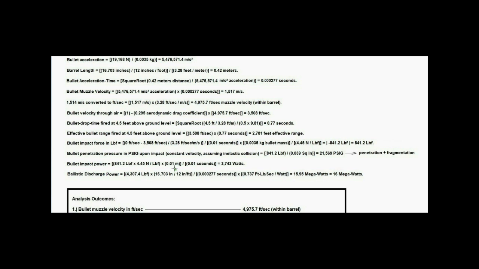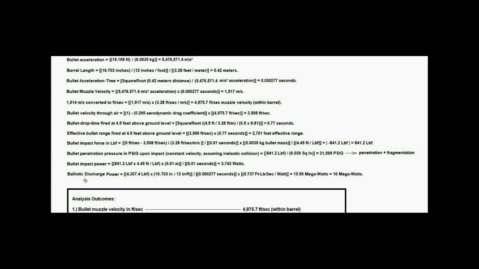So we're assuming right after the bullet hits the target that the distance it will travel thereafter is 0, but we can't multiply by 0. So we take an instantaneous distance value of 0.01, and then we divide this product by the instantaneous time. So the collision power for this round is approximately 3,700 watts.